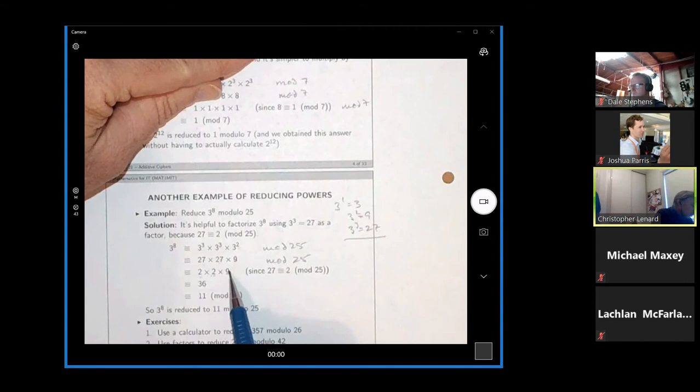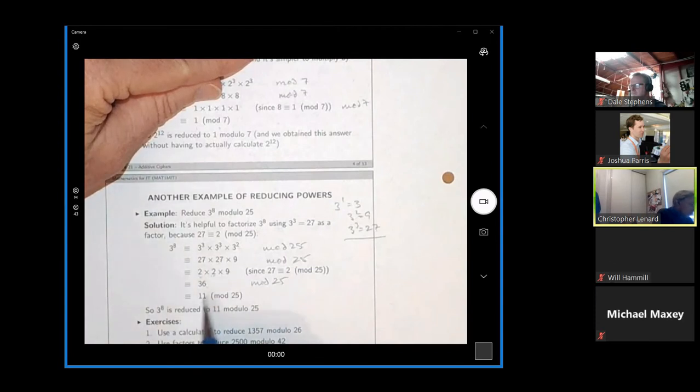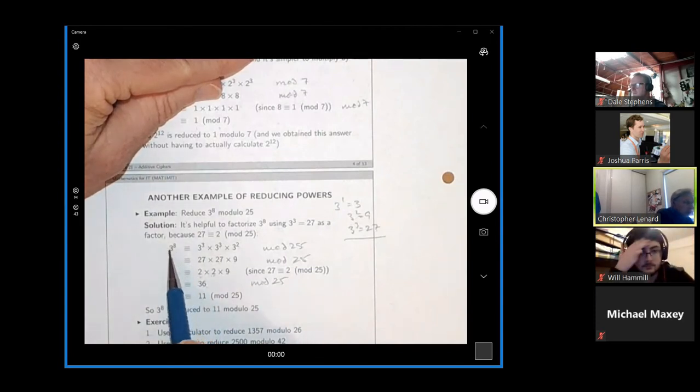You can't do much about that. 2 2s are 4, times 9 is 36, but 36 mod 25 is easy, that's just 11. So without calculating what 3 to the 8 actually is, you've worked out the answer.